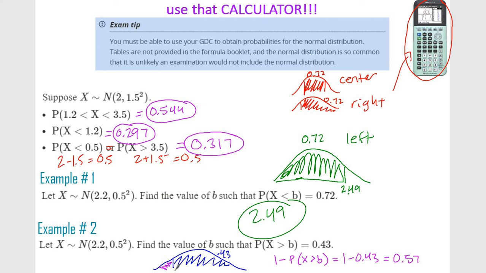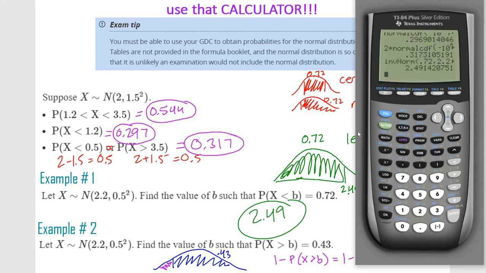So now we can find the interval that way using my calculator. On my calculator, because I can't change it on yours, you guys could just use the left, center, right, and keep everything else the same. But since I can't on mine, I'm going to show you how to change it.